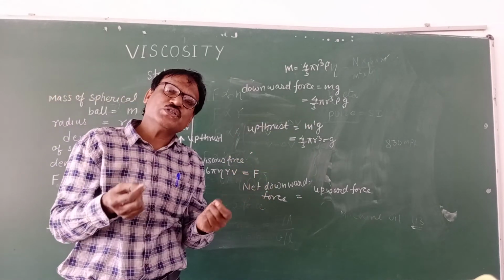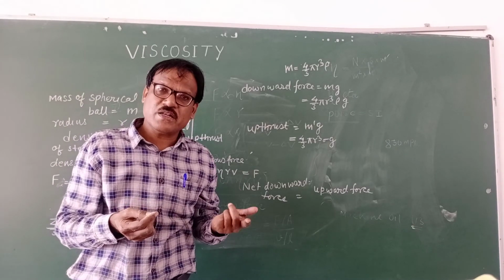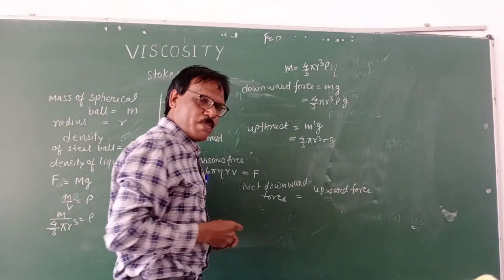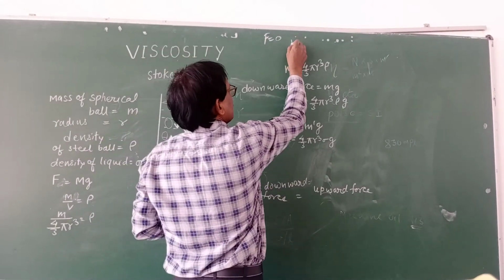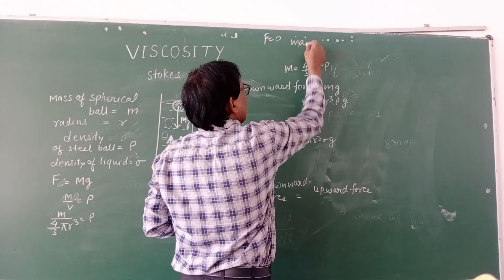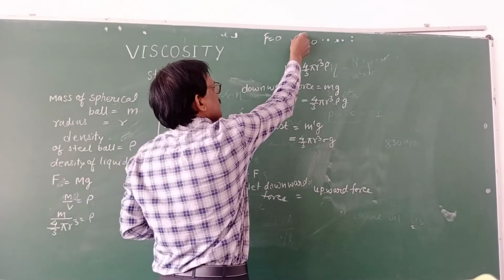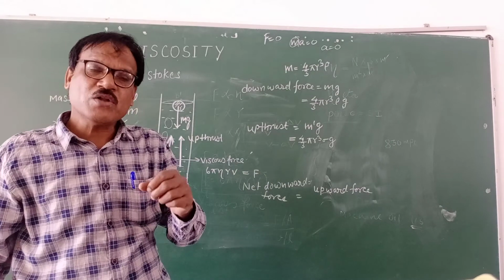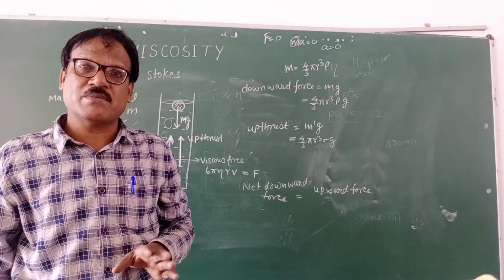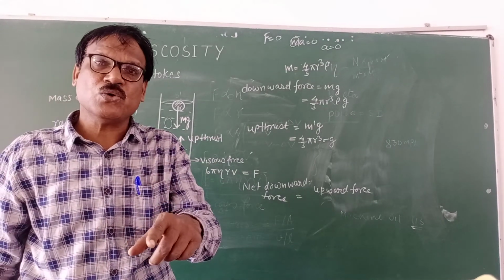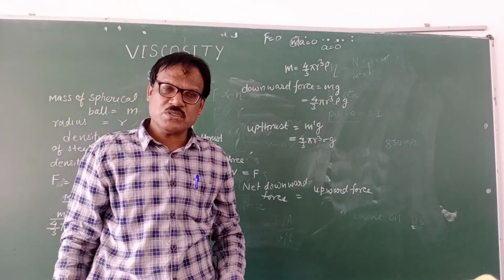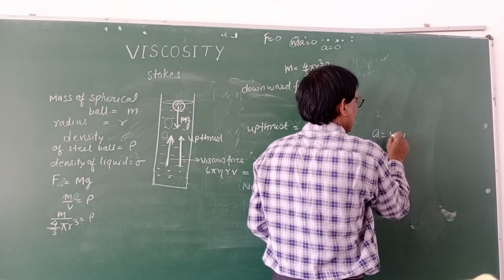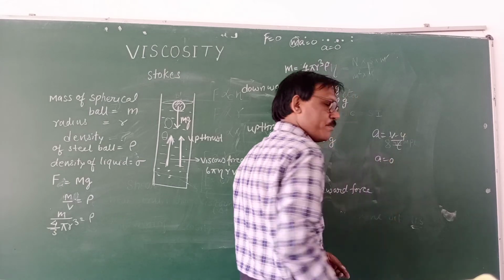And when the net force is 0, now see, according to Newton's second law, m into a will be 0. m cannot be 0, so what will be 0? Acceleration. So the body will have no acceleration after some time. And acceleration 0 means the velocity is constant, because acceleration equals change in v by t.